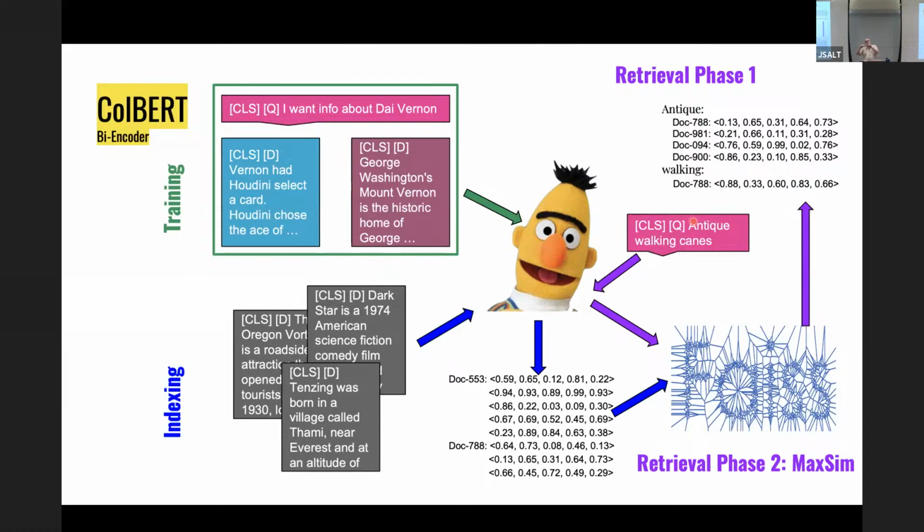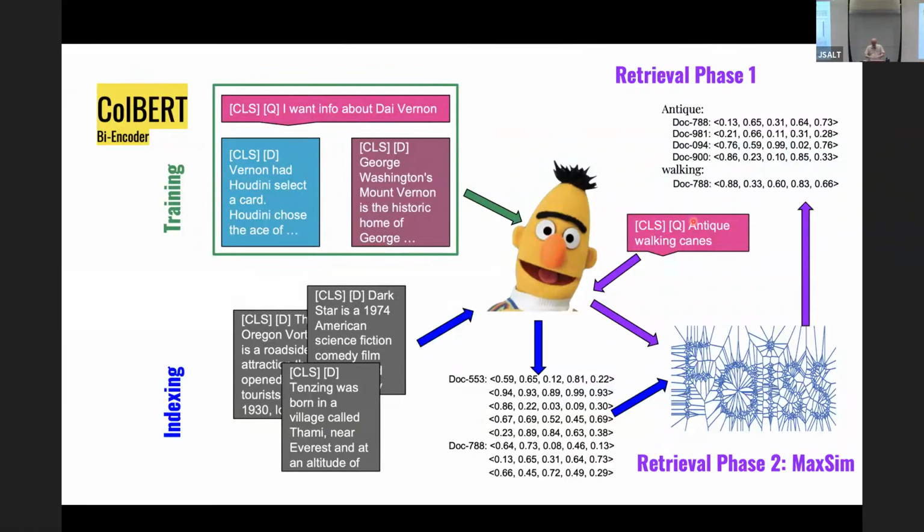Basically you just have more information to work with. You have more bits of information about what the meaning of the document and the query is. So instead of just matching one point, if you can match all of these points, that's going to be better than just having a single match.